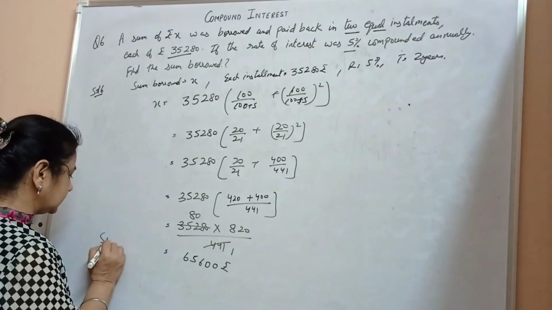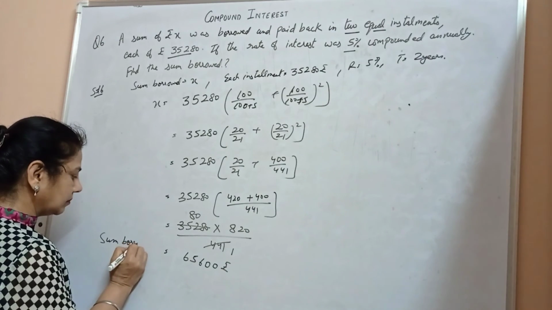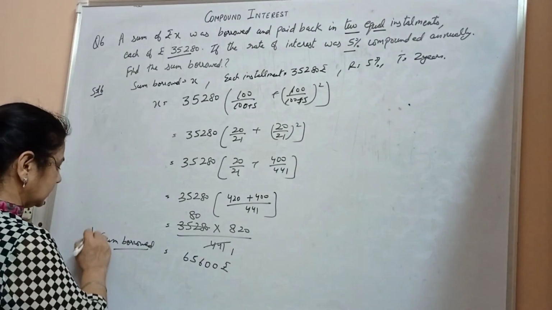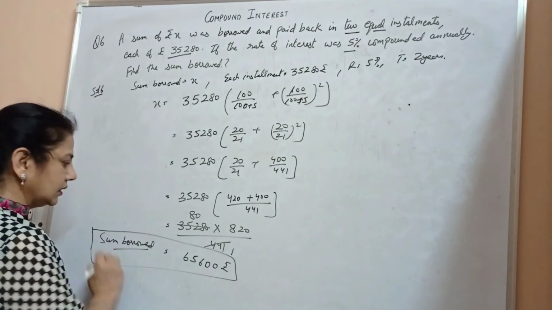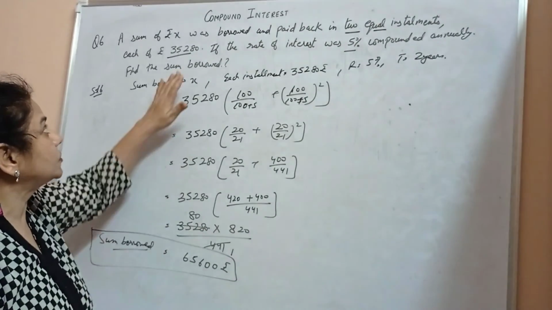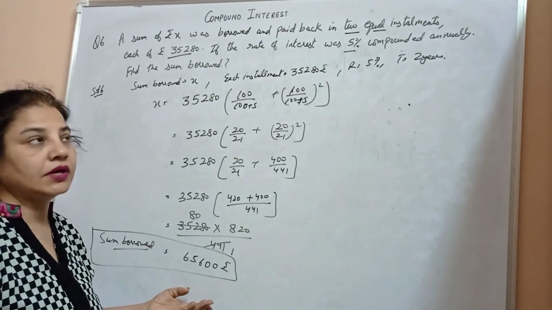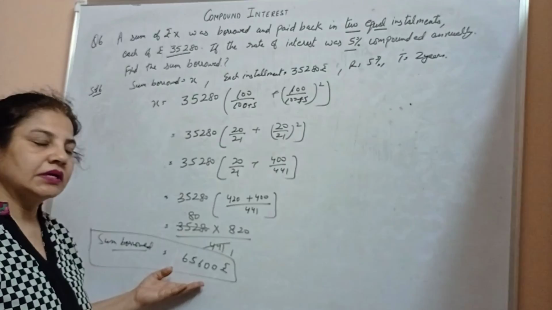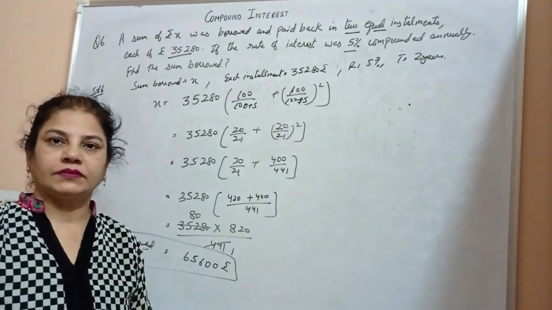So the sum borrowed is 65,600. This is the amount the person has borrowed, giving each installment as 35,280 at 5% rate of interest. In 2 installments he paid off 65,600.